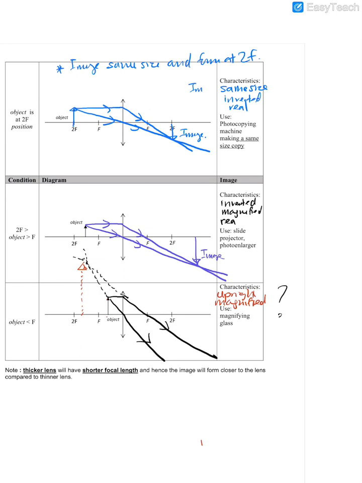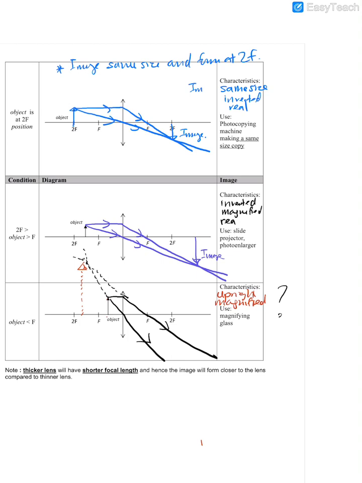Because this situation only occurs when the object is within the focal length. That's why when you use a magnifying glass, you cannot use it too far away. You have to look at it close by.